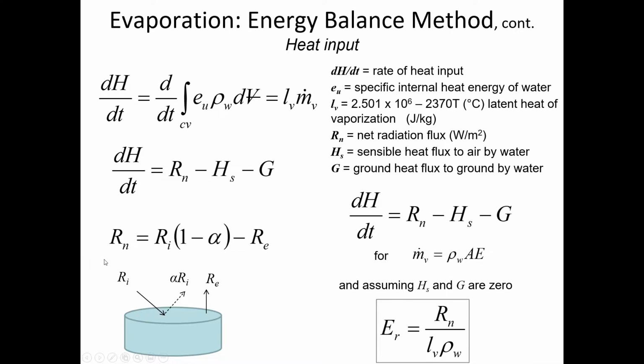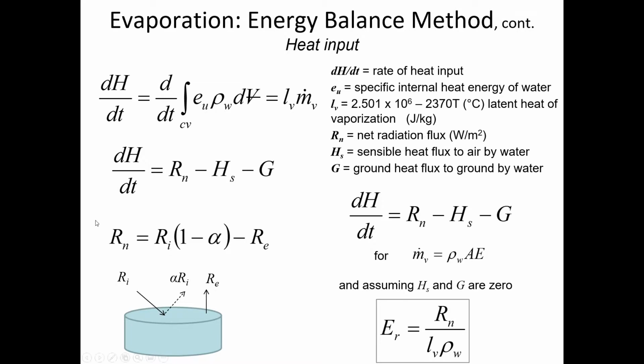What we're ultimately trying to determine is the net radiation that's available to provide the latent heat of vaporization. So this R sub n is saying, let's look at the radiation that's coming in and subtract out the component of the radiation that's being reflected, and then also subtract out the component that is being emitted as long wave radiation.